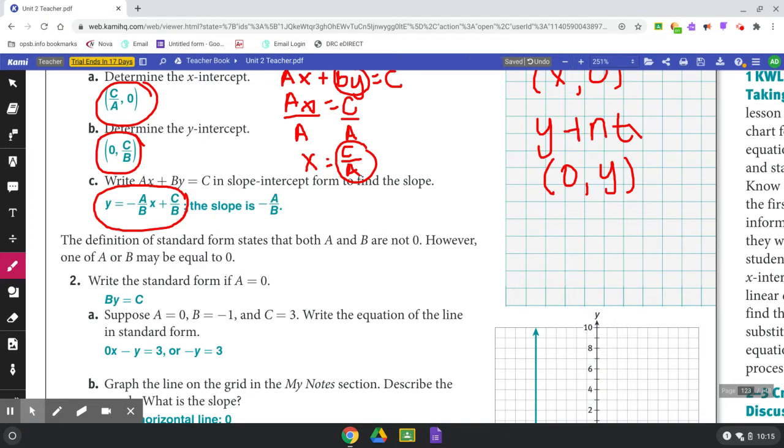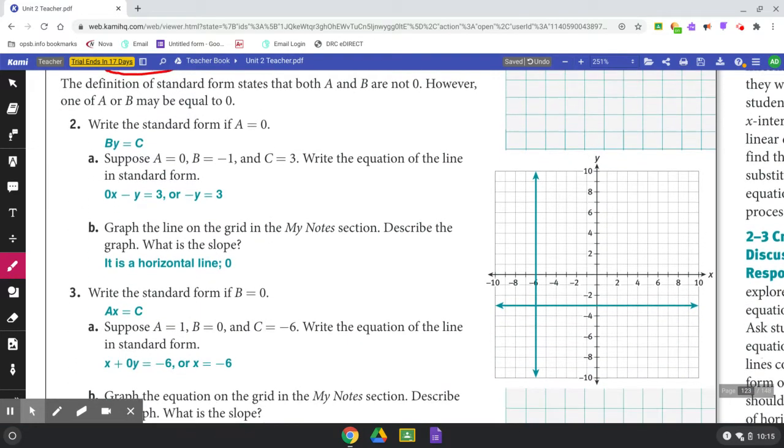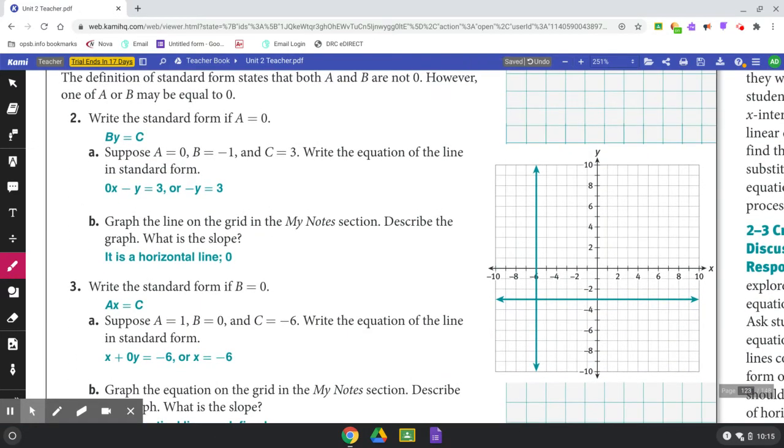And the slope would be that negative a over b, the coefficient in front of the x value. To solve for y, you would subtract ax from both sides and then divide by b. I'm not going to go over that because we've been solving equations all year, and you should be able to do that by now on your own.